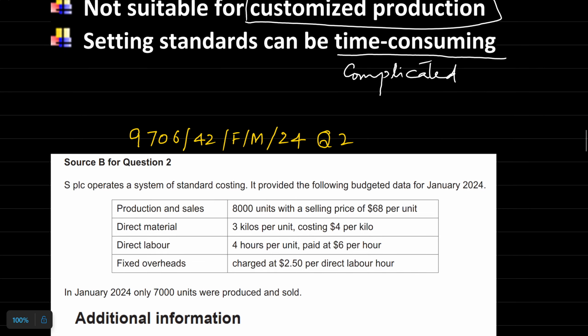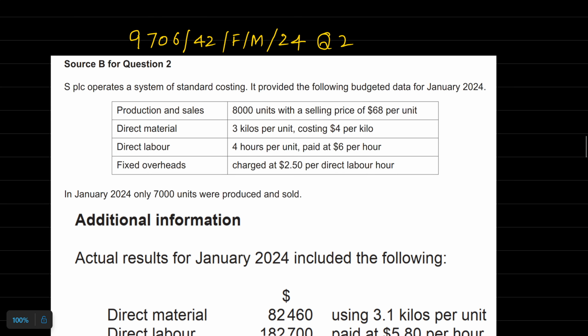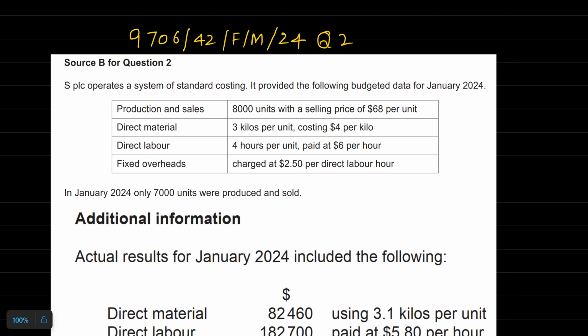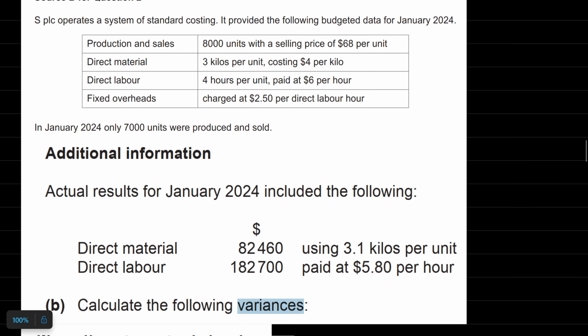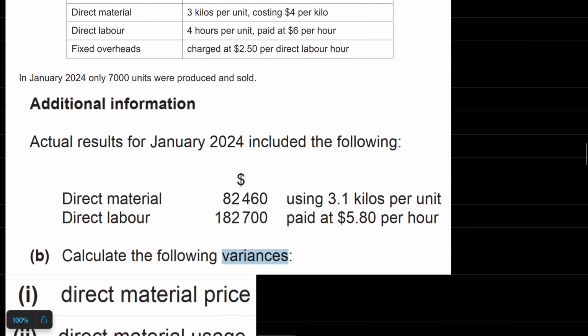Now students, let us try to solve a question and calculate material price variance, material usage variance, labor rate variance and labor efficiency variance. Information is given in front of you on how to solve this question.